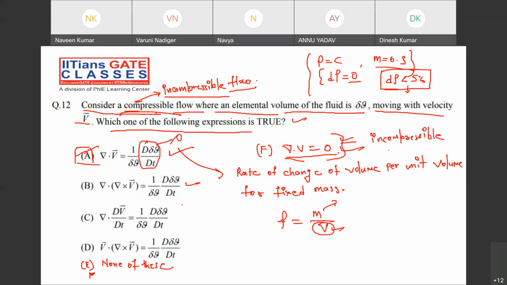Whenever any velocity vector field is given, can you prove whether it is incompressible or compressible?